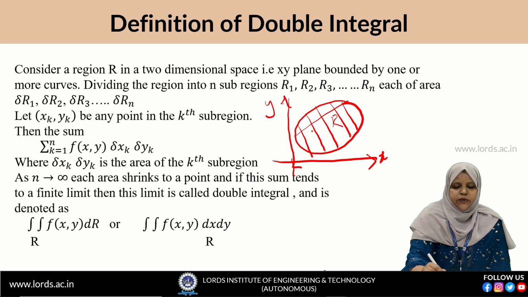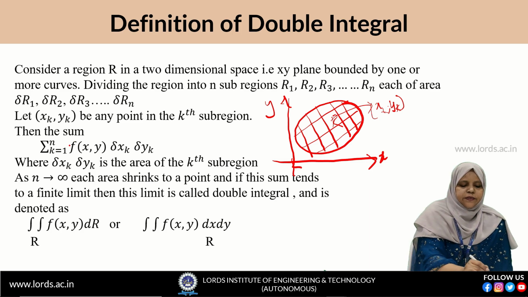Those regions we denote as R1, R2, R3 and so on, Rn. Consider a point xk comma yk in any kth sub-region. Consider the sum sigma k is equal to 1 to n f of x comma y dkx dky.